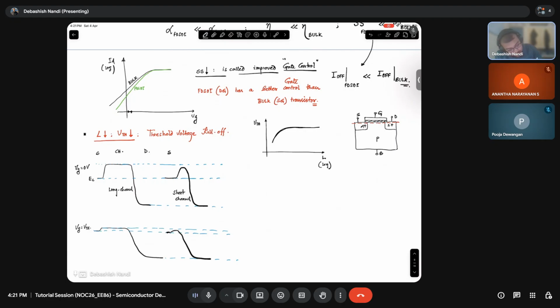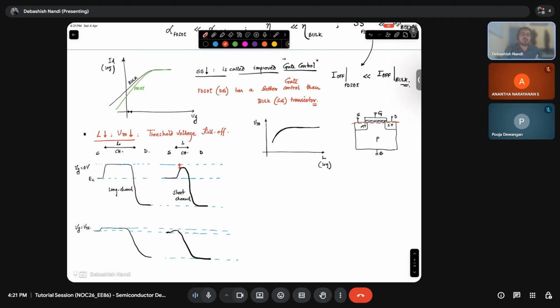This is my source, this is my channel, this is my drain. This is L. So I can see that my barrier at the source channel is lowered by the drain.